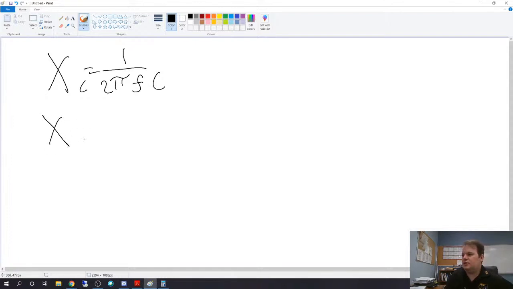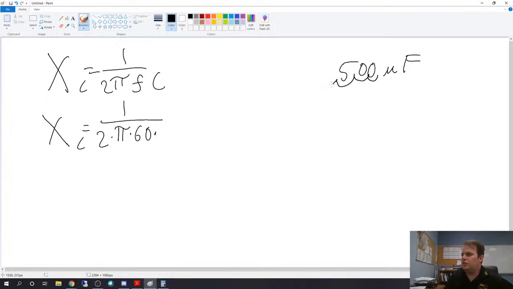So XC is 1 over 2 times pi times 60 times, now 500 microfarads is 1, 2, 3, 4, 5, 6. And that is 0.0005.